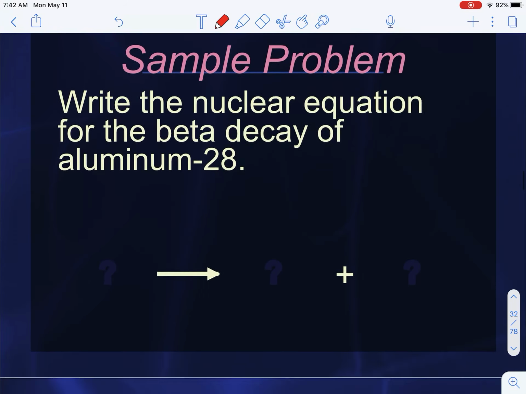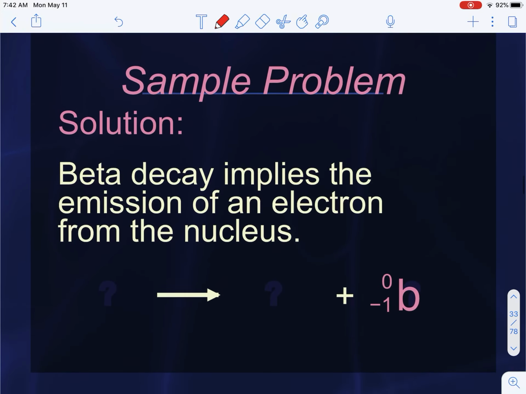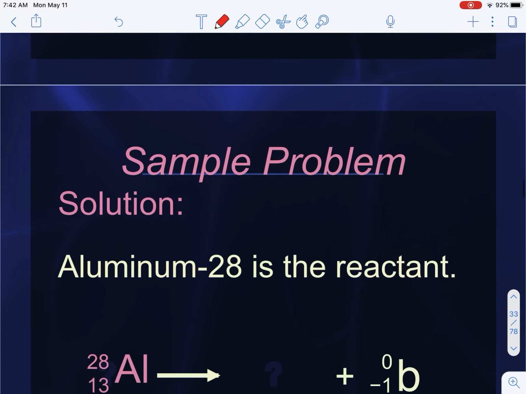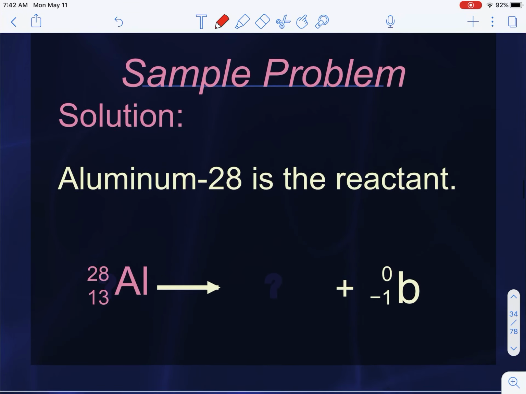Okay. So let's flip down to aluminum 28. If aluminum 28 is the reactant, and I tell you that it's going to go through beta decay, well, what happens to that?